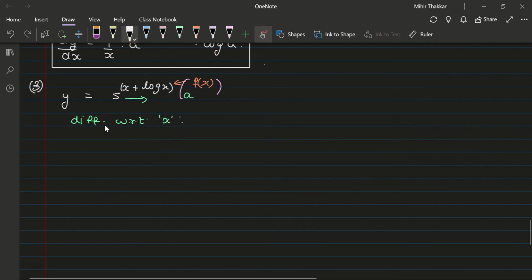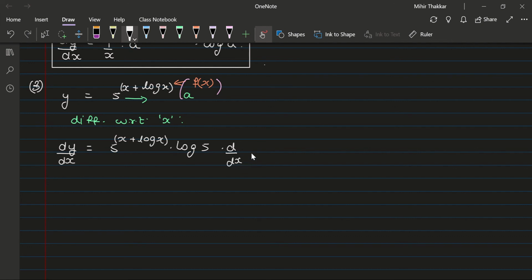So derivative will come out to be dy by dx equals 5 raised to x plus log x into log of a, which is log of 5, into the derivative of f(x), which is x plus log x.